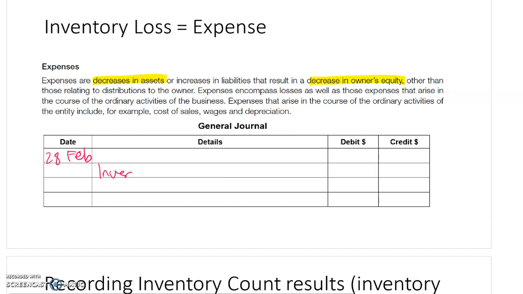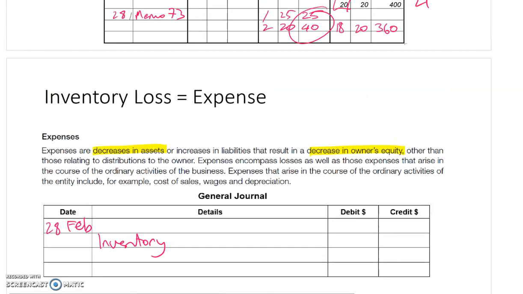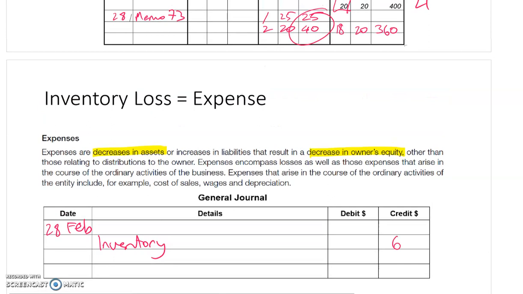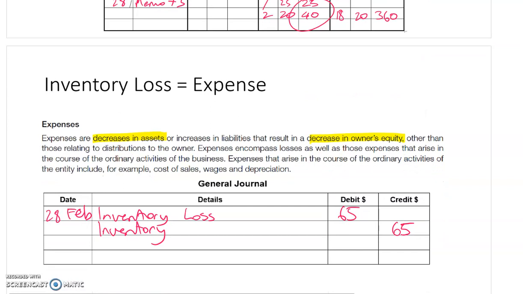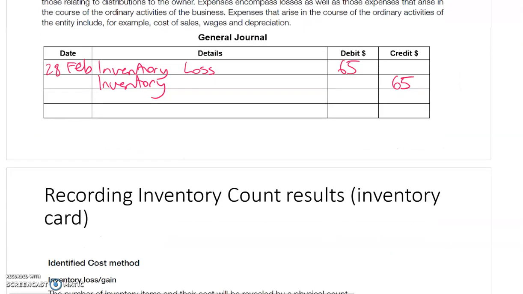We have inventory going down. The asset account's going down by $65. And then we also have ourselves inventory loss expense, 65. I won't narrate this because we narrated in the first one, but you would need to include what the item is, what was counted, and then also the source document number.